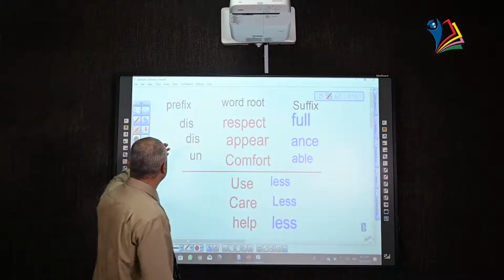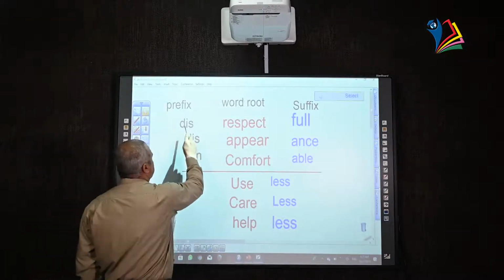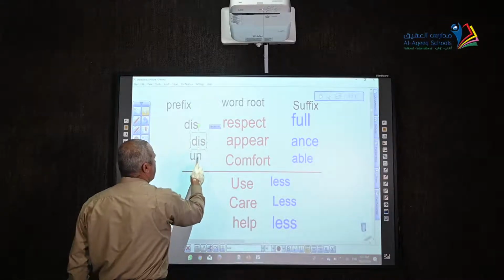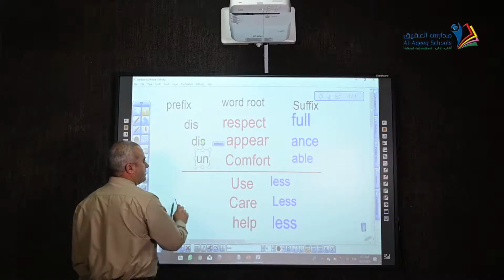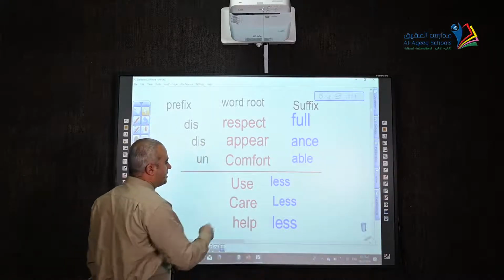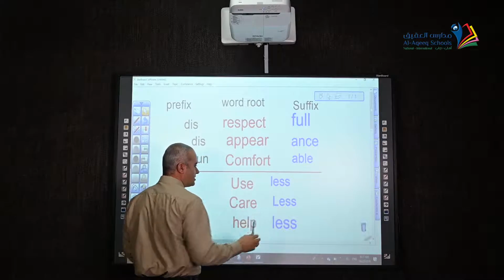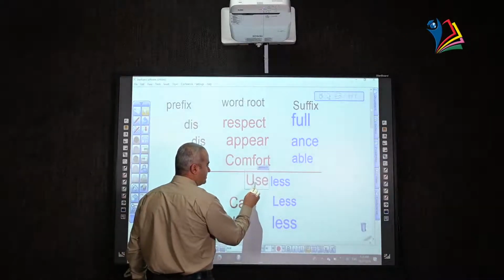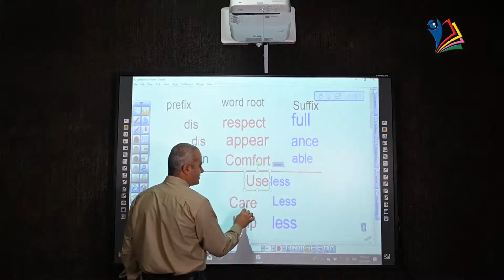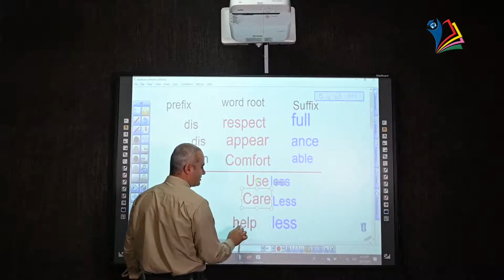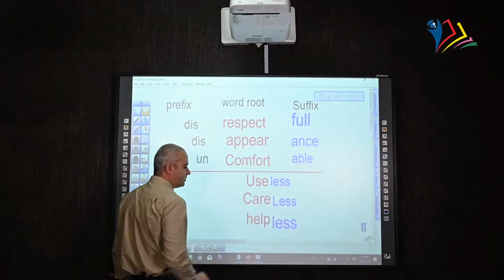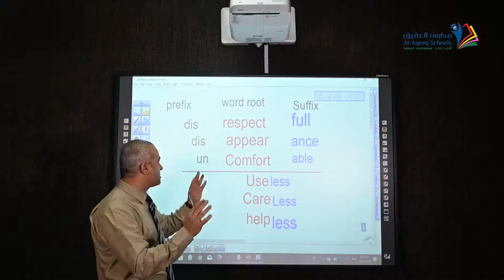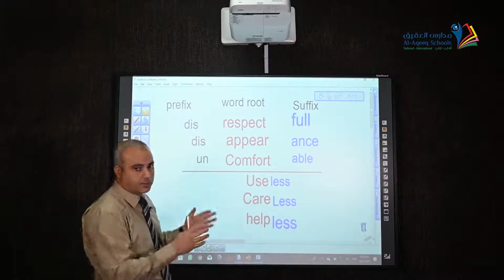These examples, disrespectful, disappearance, uncomfortable, are negative prefixes, but useless, careless, helpless are written as just one word. No, there is no separation. It is written like this: useless, careless, helpless. There are no separations between the prefix or word root or suffix.